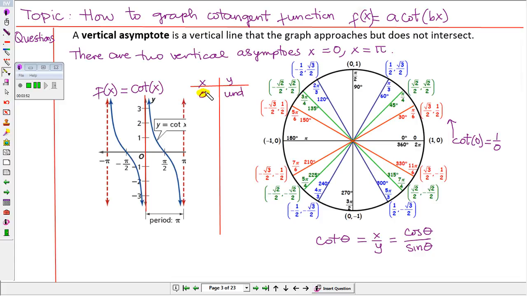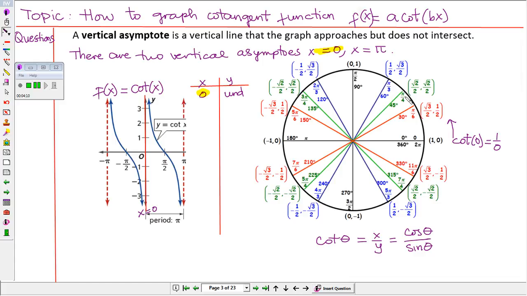Whenever your function is undefined, that x value will be your vertical asymptote. So we have the first vertical asymptote, which is x equals 0.